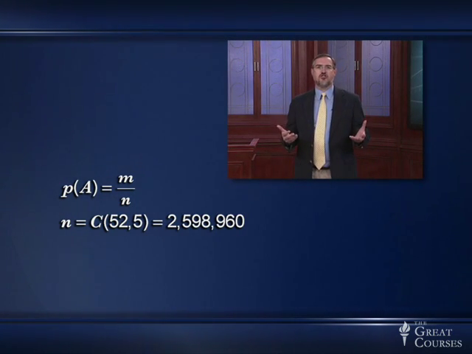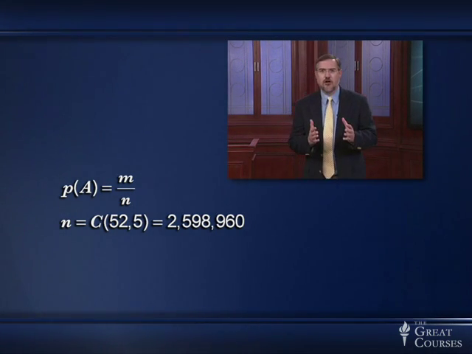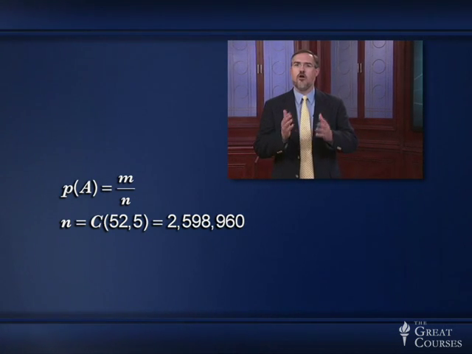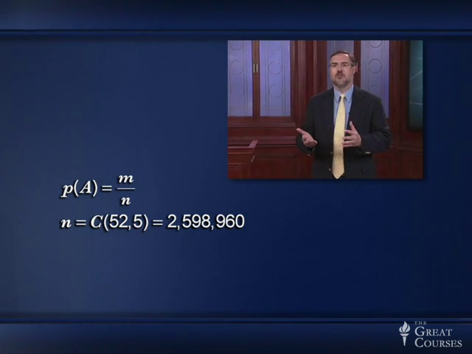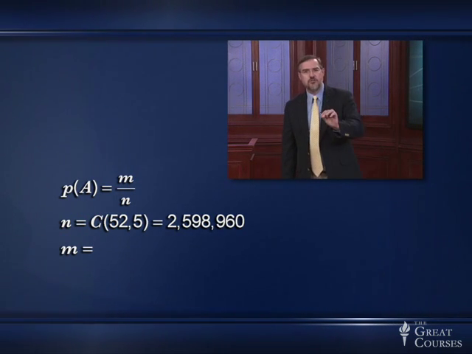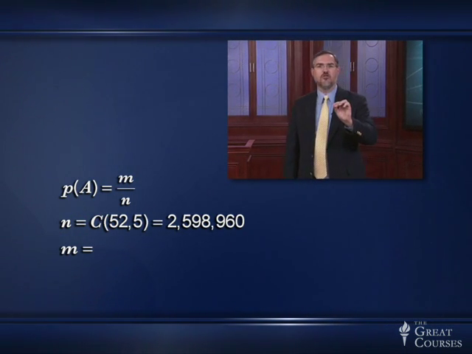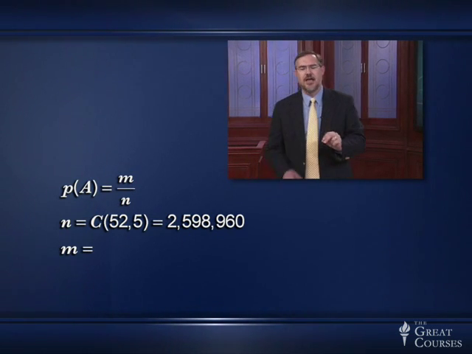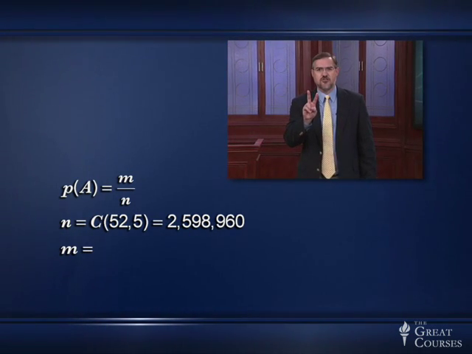Well, the flush then means that I want all the cards to either be hearts, or all diamonds, or all spades, or all clubs. How many ways could that happen? Well, I'm going to suggest that we do this problem using the multiplication principle to help us, and we're going to think about it in 2 stages.